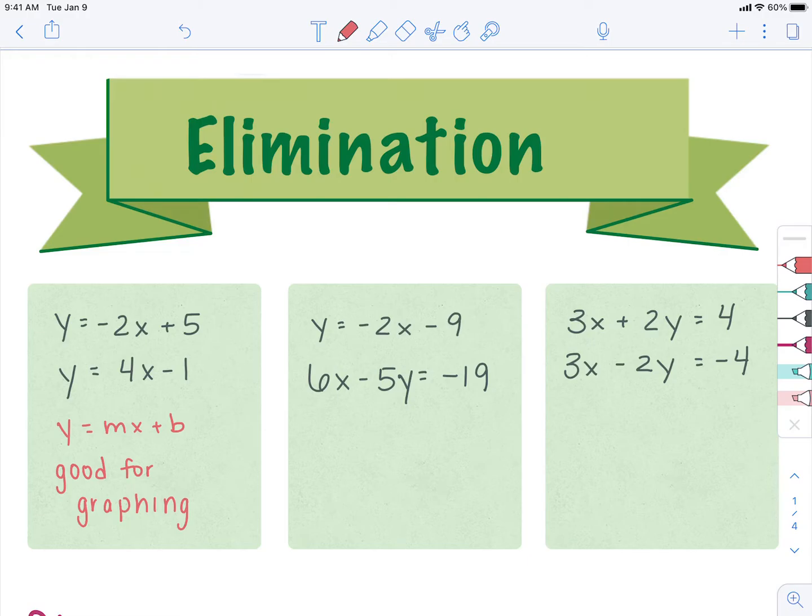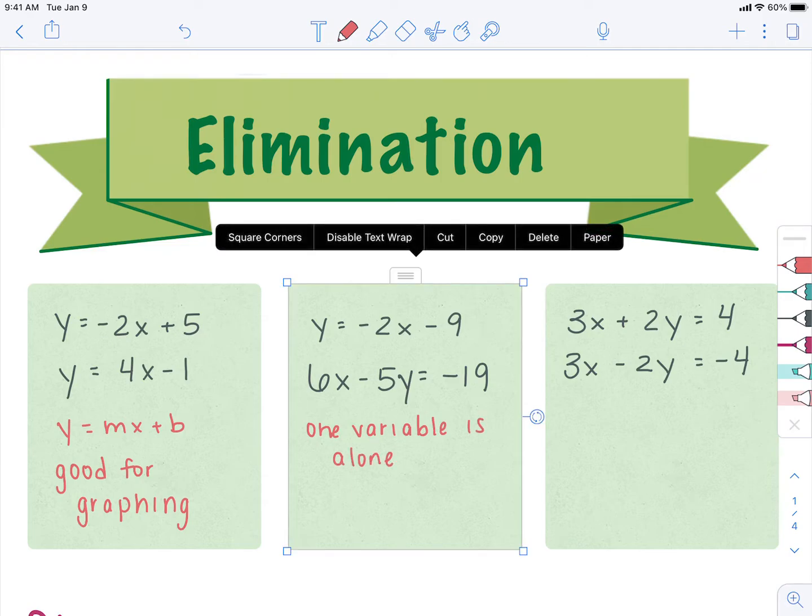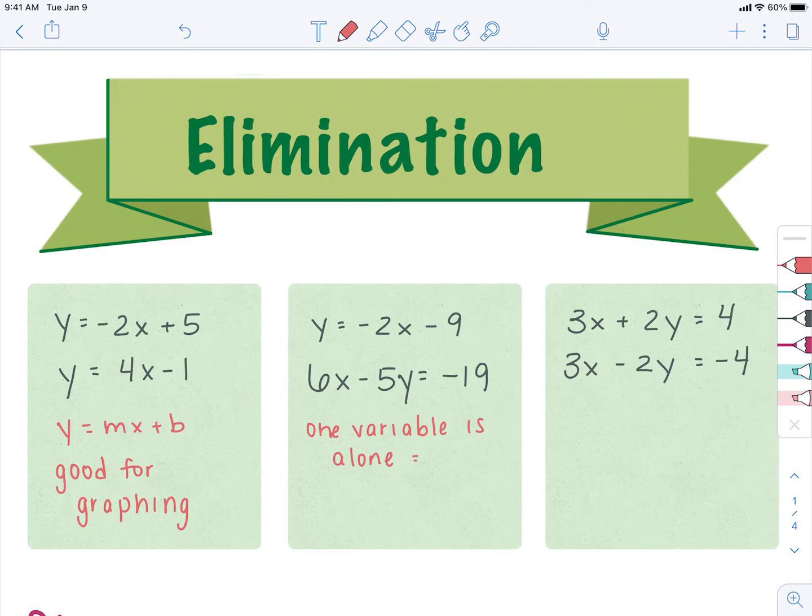Here, one variable is alone, good for substitution. First one was good for graphing.